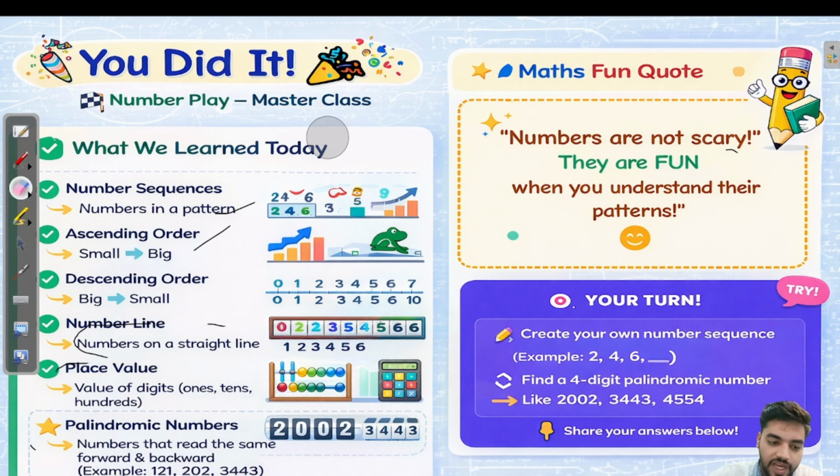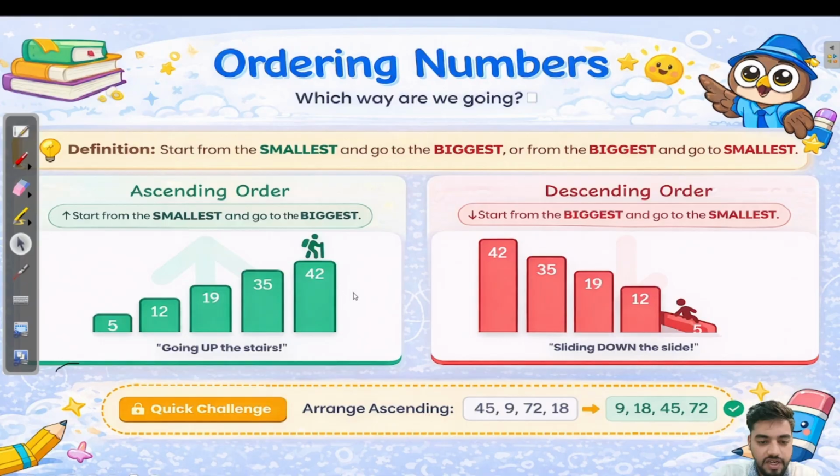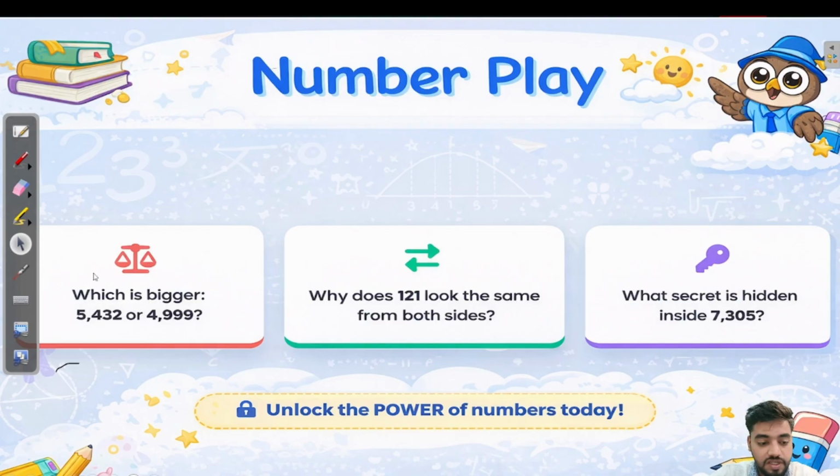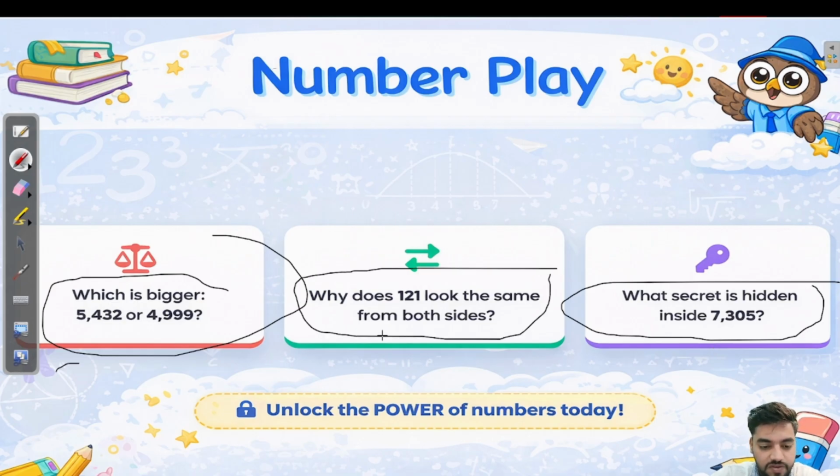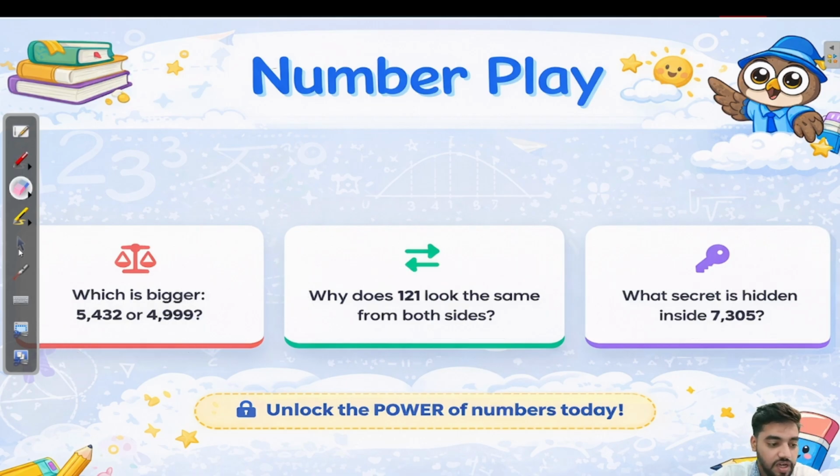So now you can answer the questions which I asked you in the first slide: which is the bigger number, what is the secret hidden inside 7305, and why does 121 look the same from both sides? You can answer these questions now.